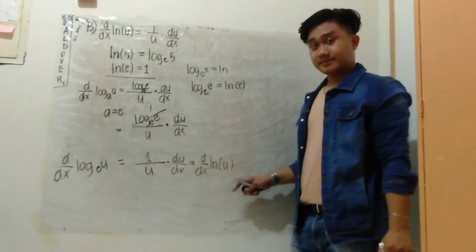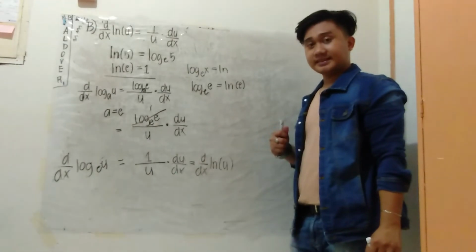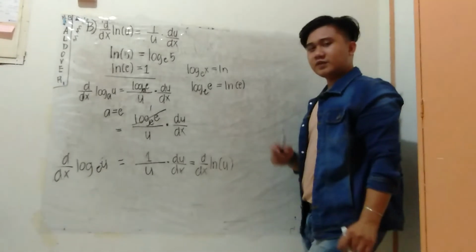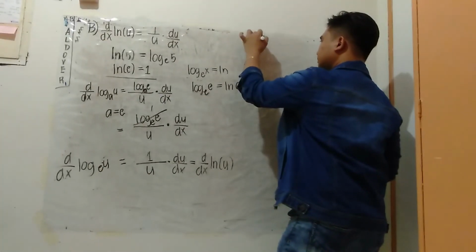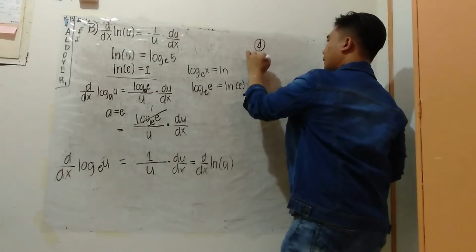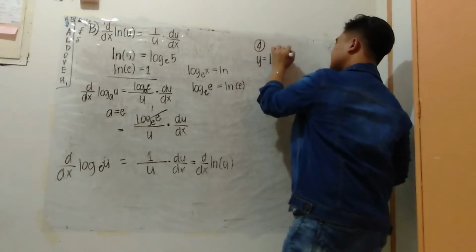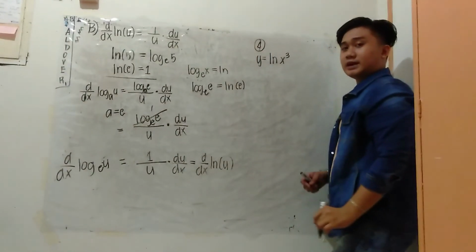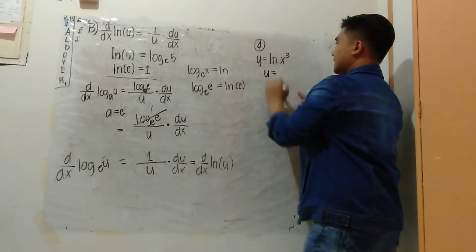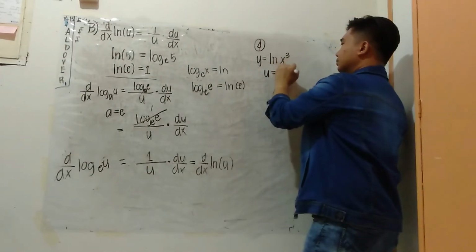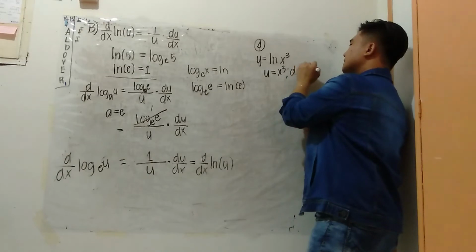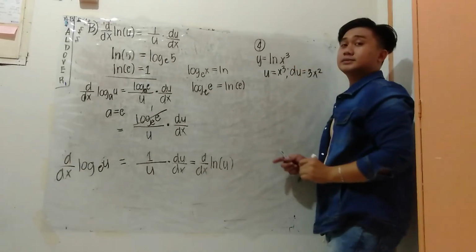Okay, guys? Okay with the differentiation? Okay? Just to give you one example, if y is equal to ln of x cubed, what do we have? u is equal to x cubed. du is equal to 3x squared.